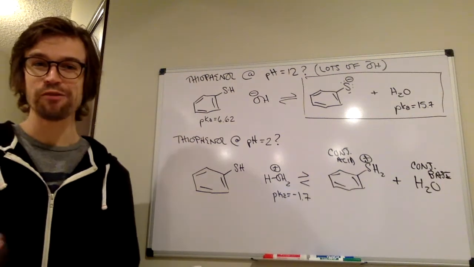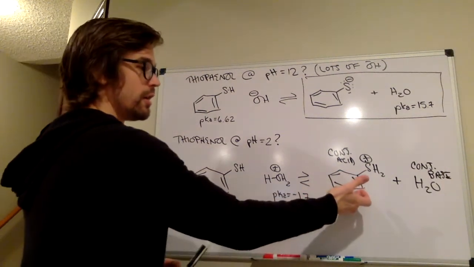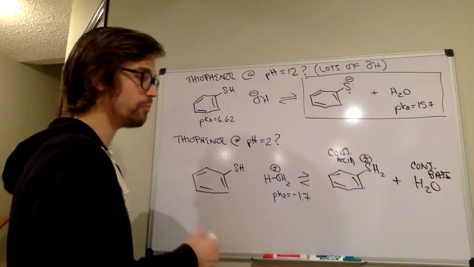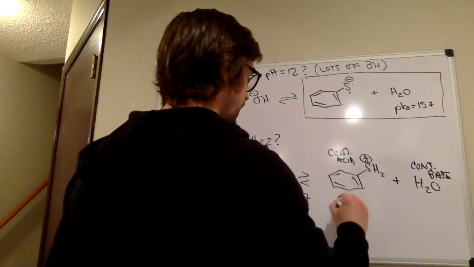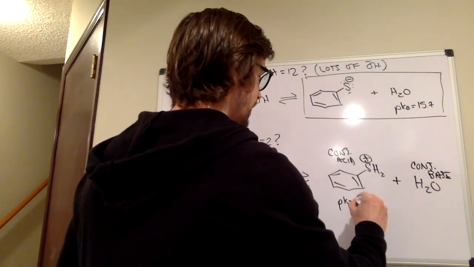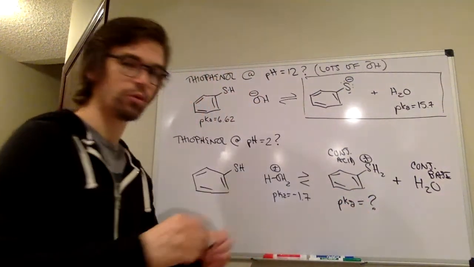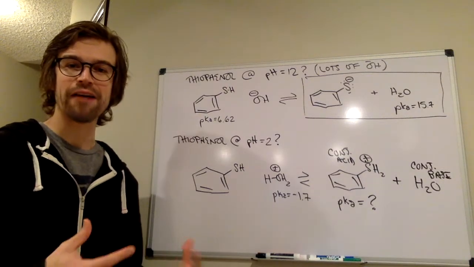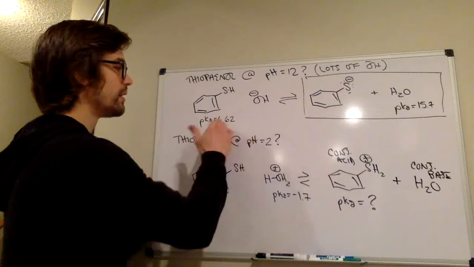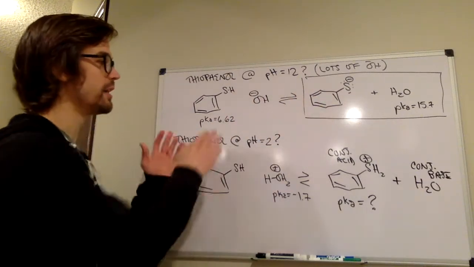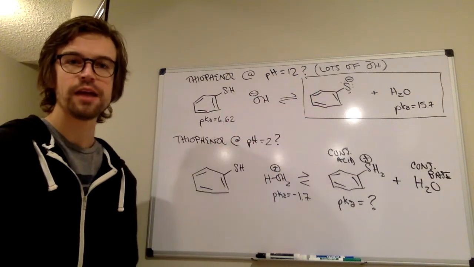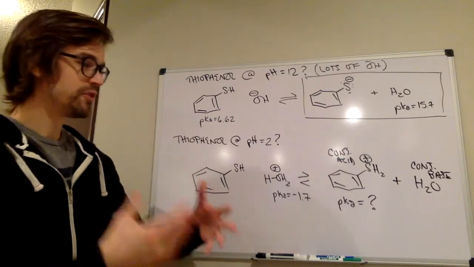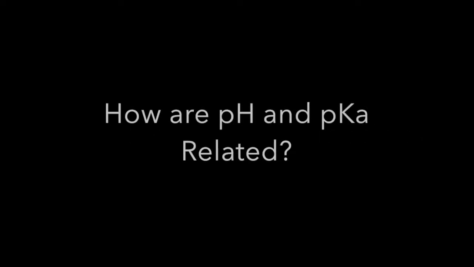Well, we don't actually have a pKa value for the conjugate acid of this thiophenol. We don't really know what this pKa is. But in all the cases that you will be seeing in this acid-base experiment, we're going to have values to go off of, like the one above, where we would be able to say the equilibrium is definitely over to this side because of this specific pKa value.